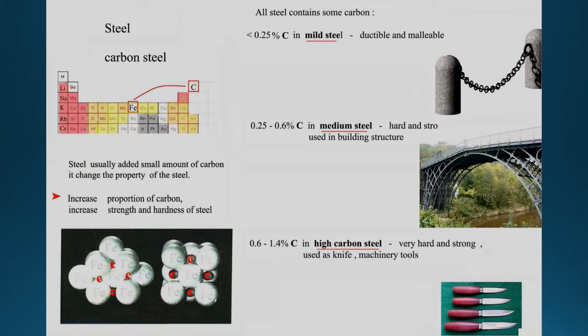This is where you can use it to make a strong knife, like those butcher knives, which can cut bones. Or machinery tools like drills, which can cut stone. They're so strong. But can you put more than 1.5%? No. More than that, they become brittle.